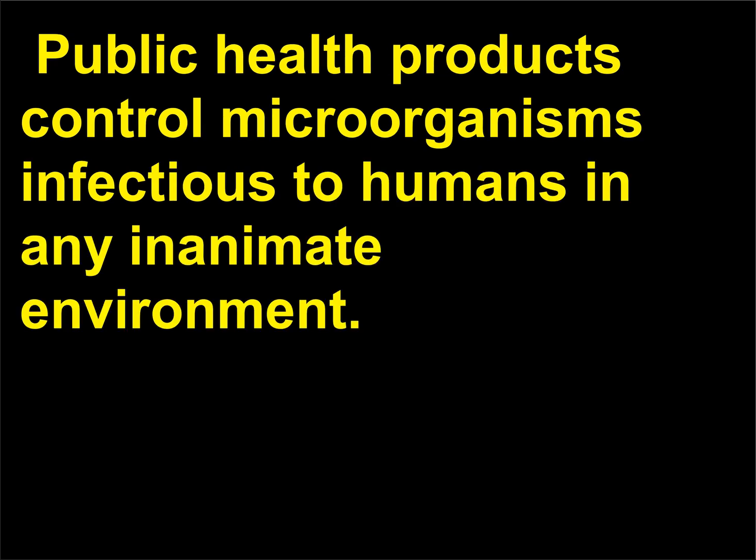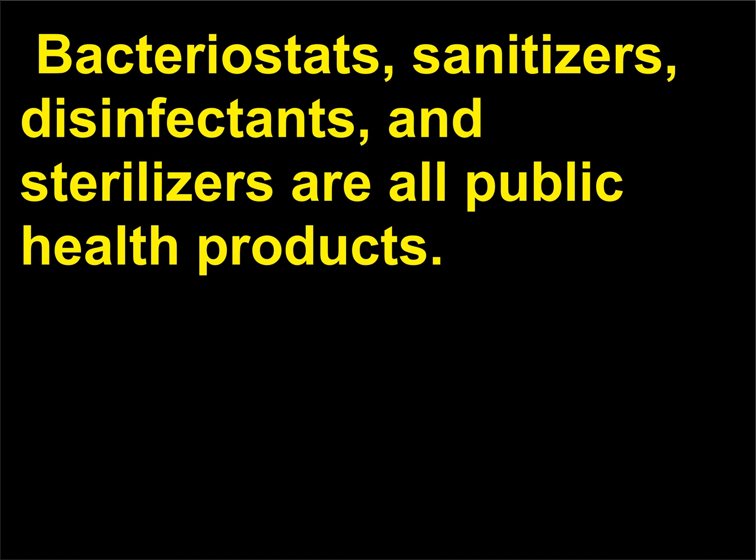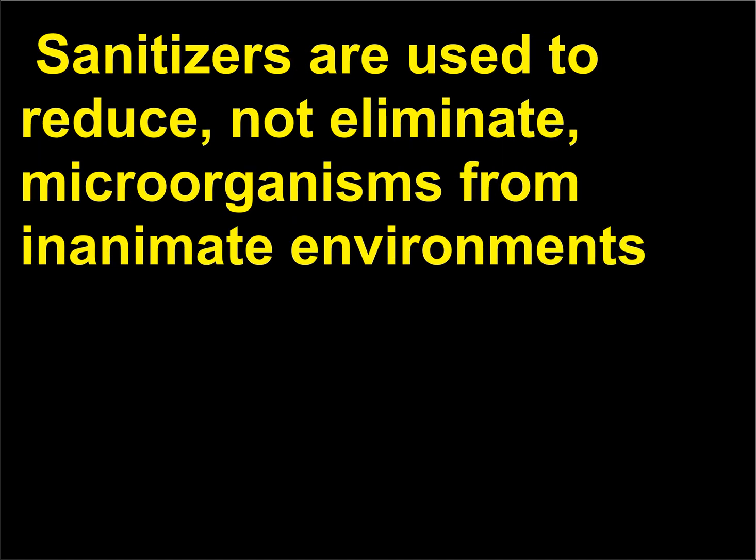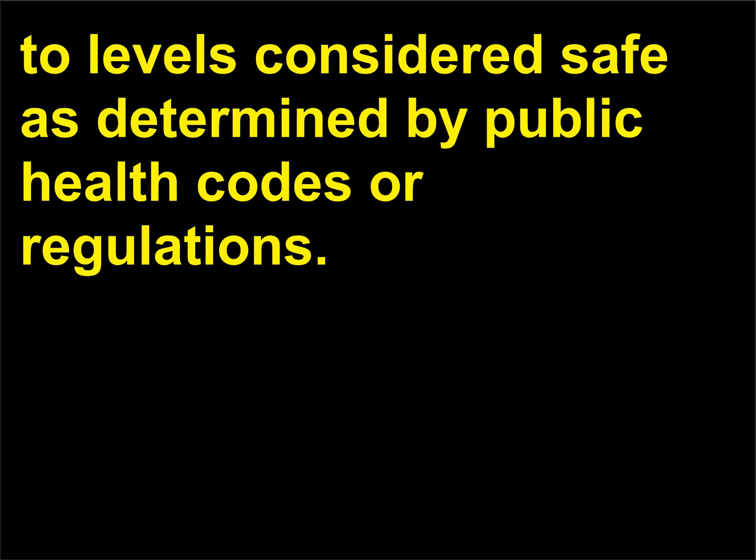Public health products control microorganisms infectious to humans in any inanimate environment. Bacteriostats, sanitizers, disinfectants, and sterilizers are all public health products. Sanitizers are used to reduce, not eliminate, microorganisms from inanimate environments to levels considered safe as determined by public health codes or regulations.